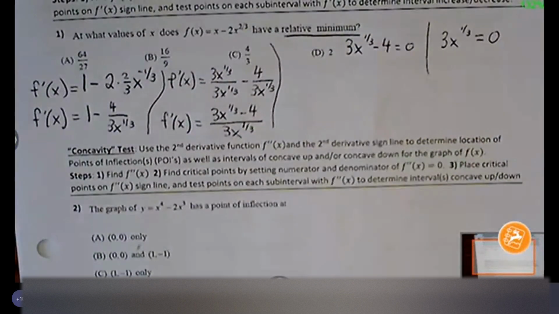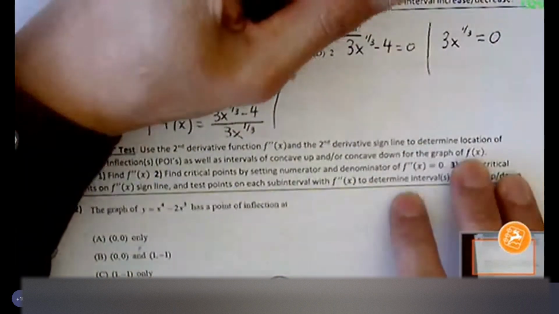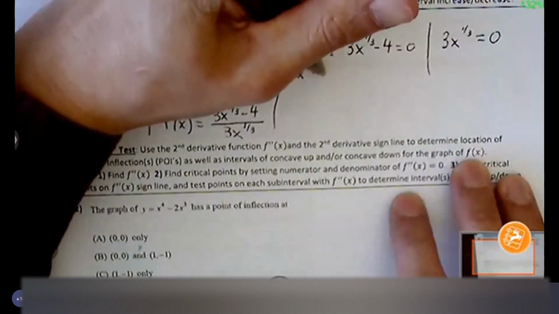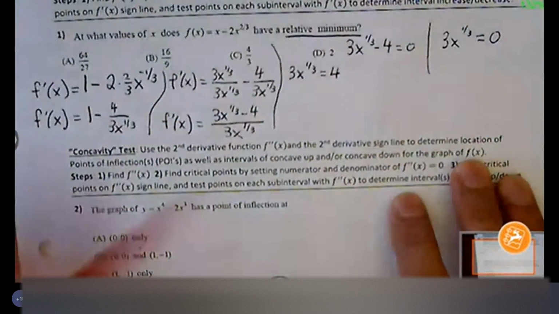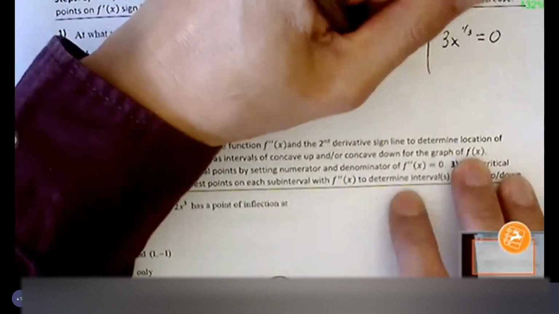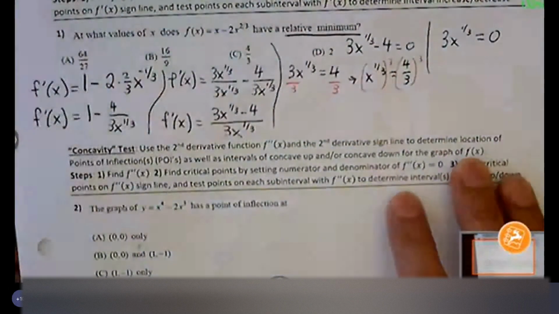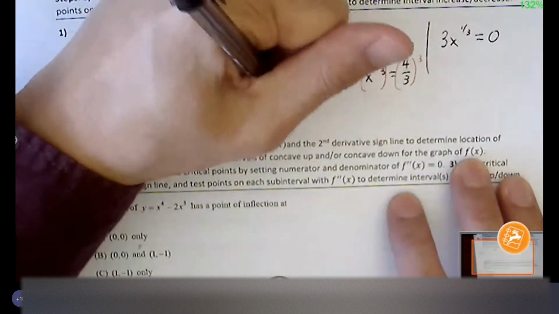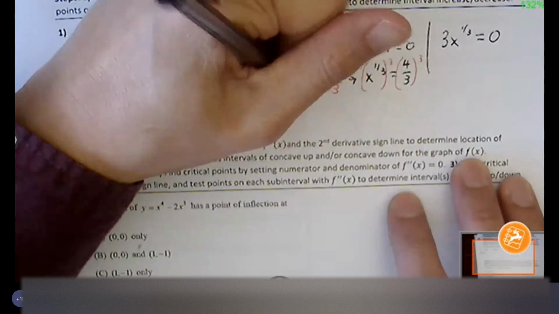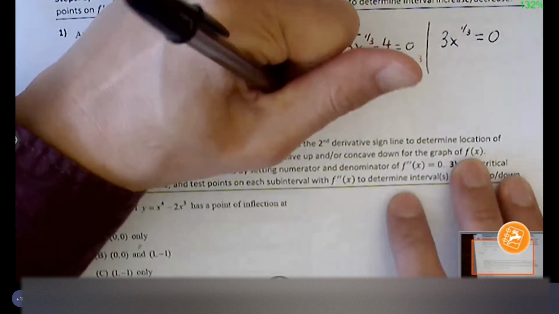We'll add 4 to both sides, divide by 3, cube both sides, and we can solve for x. So I get x equals 4 cubed, which is 64, over 3 cubed, which is 27.